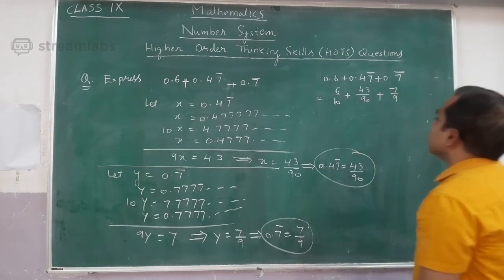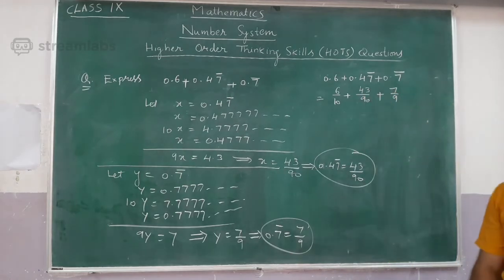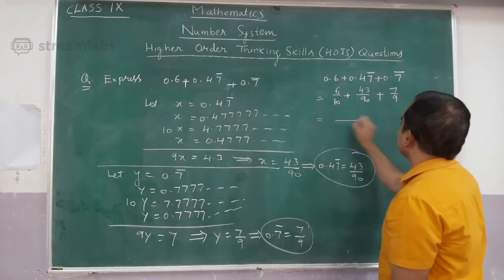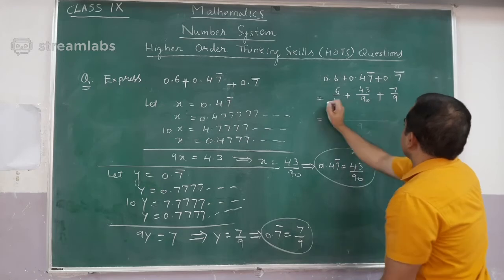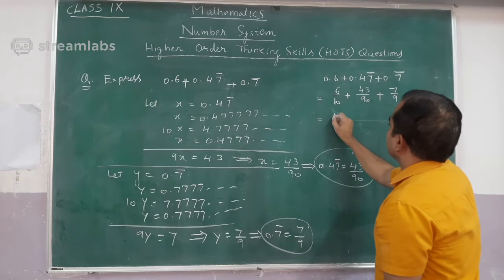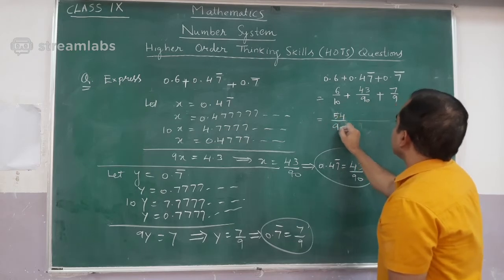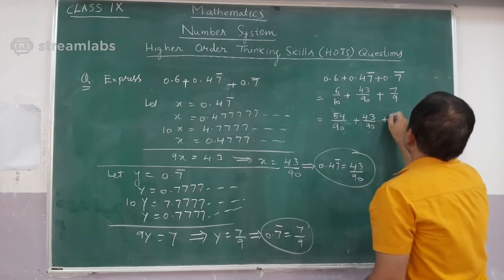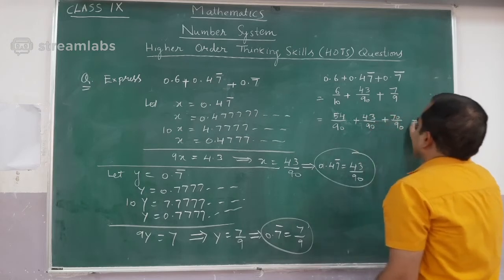Now let's take the LCM. LCM will be no doubt 90. So multiplying 6 by 10 by 9, we get 54 upon 90. This will be the same, 43 by 90, and let's multiply by 10 here: 70 upon 90. Let's add them together.